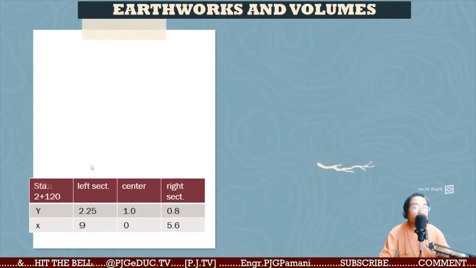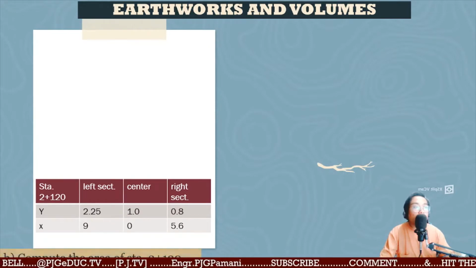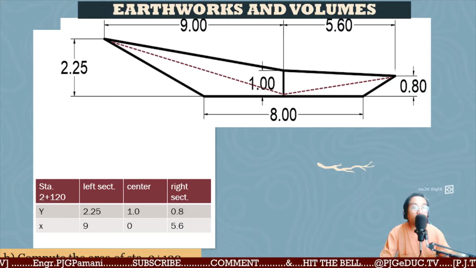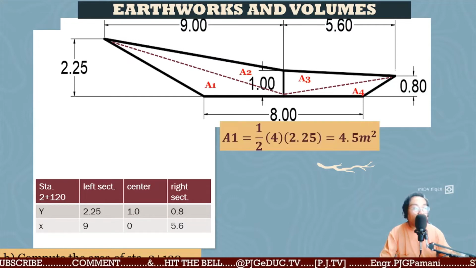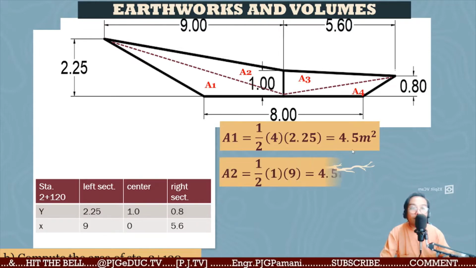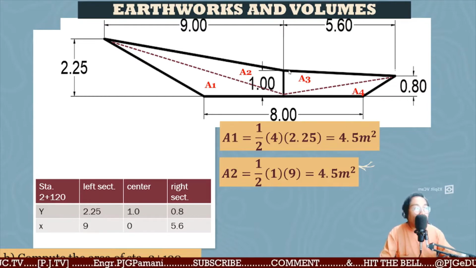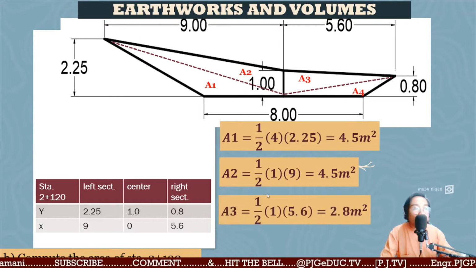Same goes for station 2+120. Plot your figure, subdivide it into multiple regular triangles, then designate your area sections. So area 1, 1/2 of 4 times 2.25, 4.5 square meters. Area 2, 1/2 of 1 meter times 9 is 4.5 square meters.